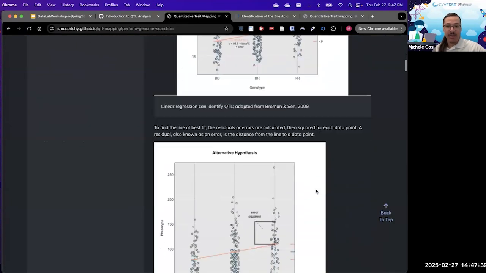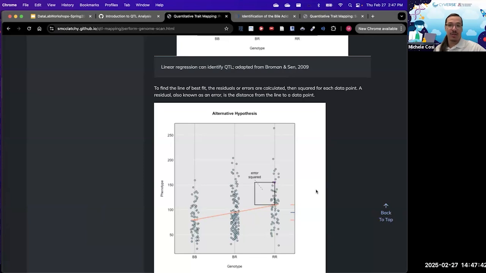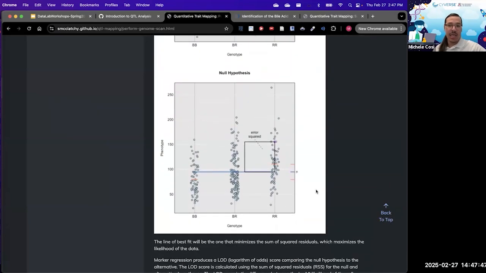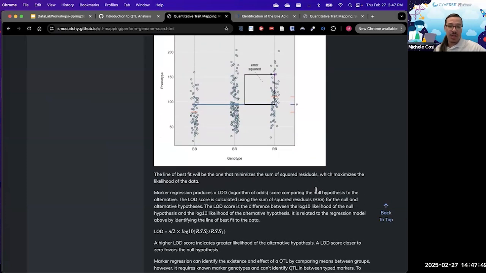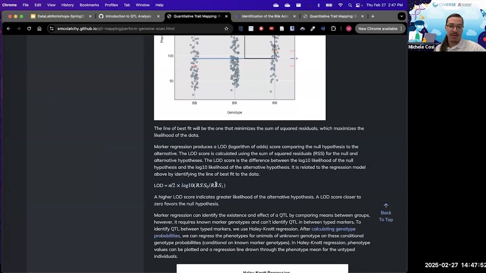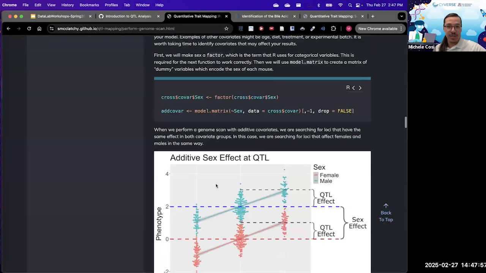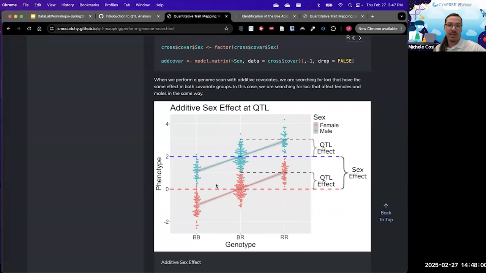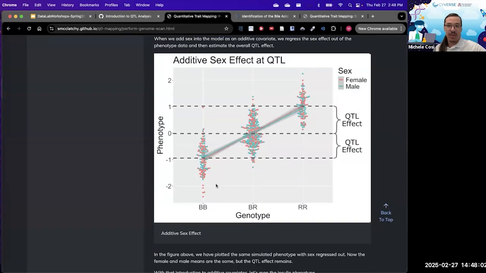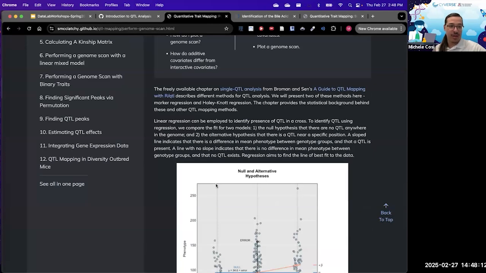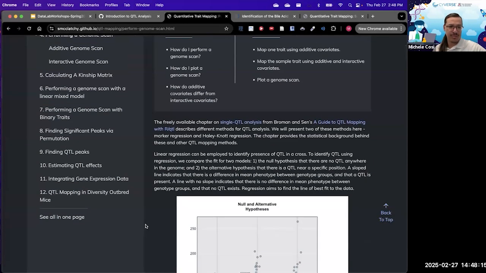What I like about this is that it doesn't only give you the code, it actually explains what is going on in each line of code, as well as the math itself. This is something that I strongly suggest you look at in your own time, because it will do a better job than me trying to quickly run through all of this.